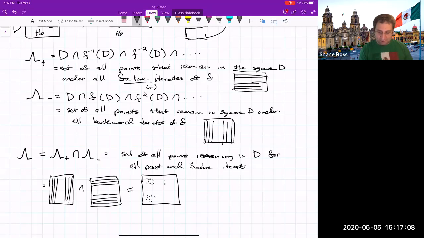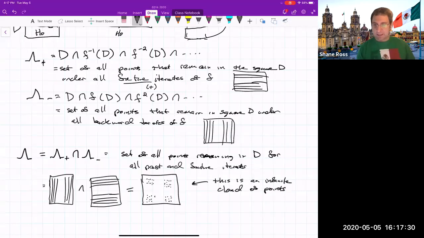So it's going to be an infinite cloud of points. Or I guess I should say it's a cloud of infinite points. And it's technically called a Cantor set.